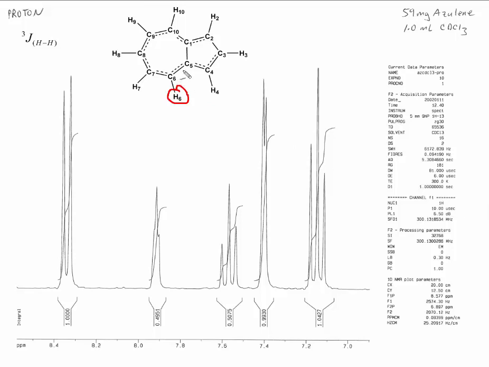Say 1, 2, 3 only takes you over to the carbon 4. So this would be a doublet. Likewise, the pair H4 and H2 would be a doublet. And this last one would be another triplet. So we should have 3 triplets and 2 doublets. Sure enough, we do. Doublet, triplet, triplet, doublet, triplet. We have the right pattern.